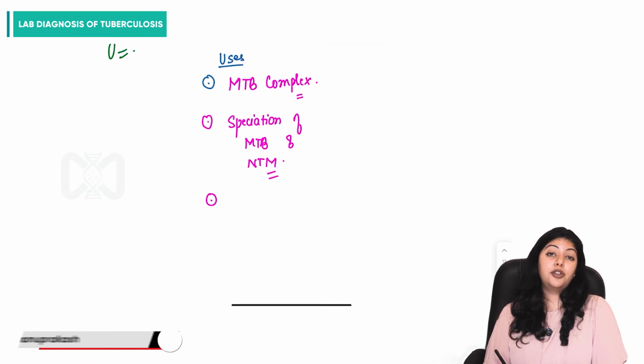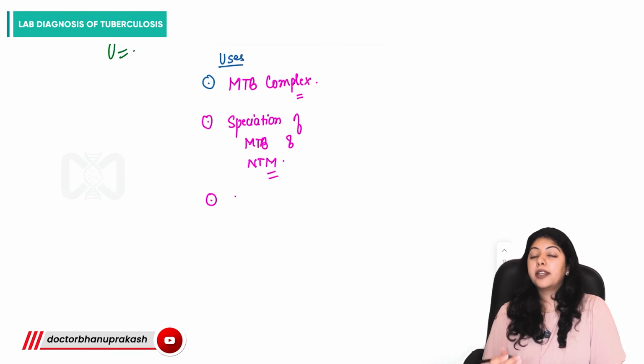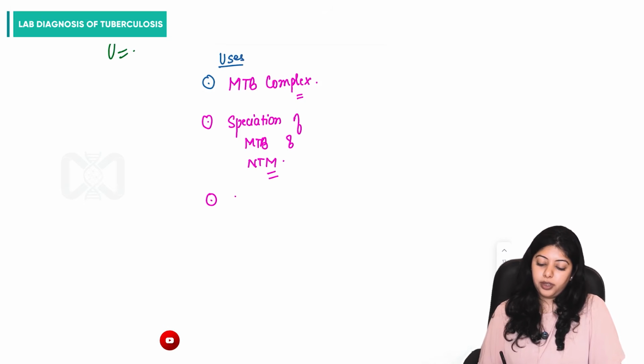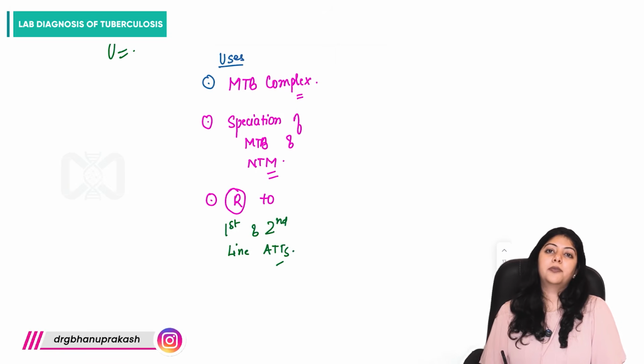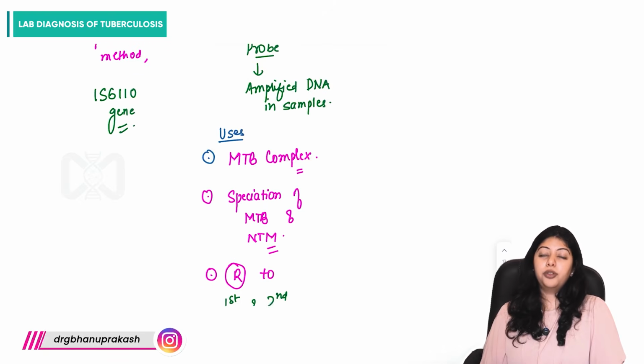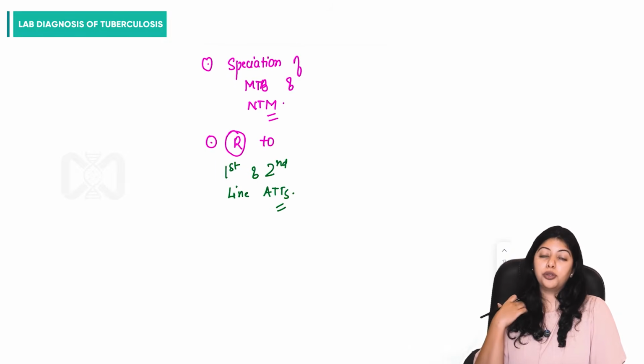Along with speciation and identification, they also help us detect the presence of resistance to first or second line anti-tubercular drugs. These are the important advantages associated with the line probe assay.